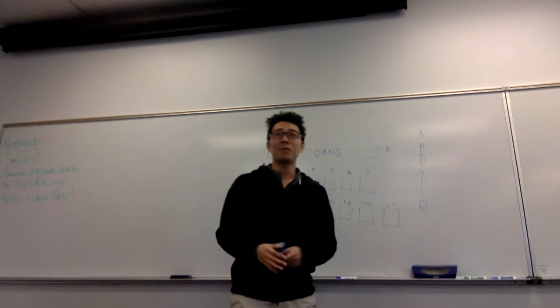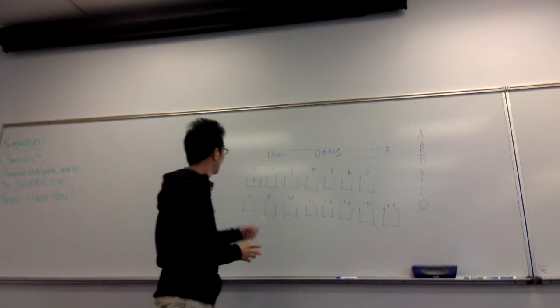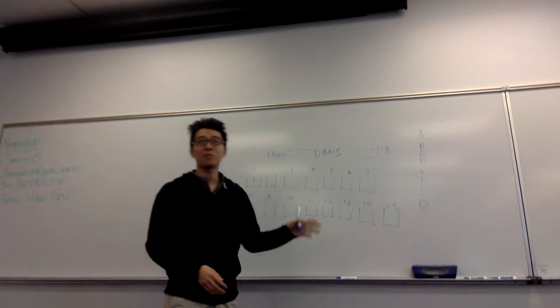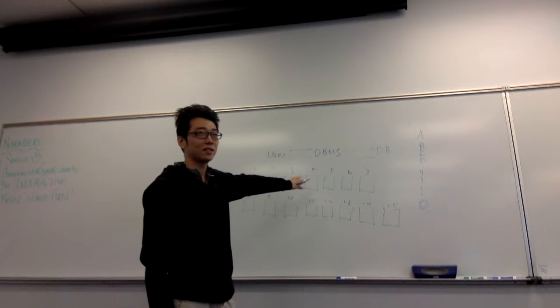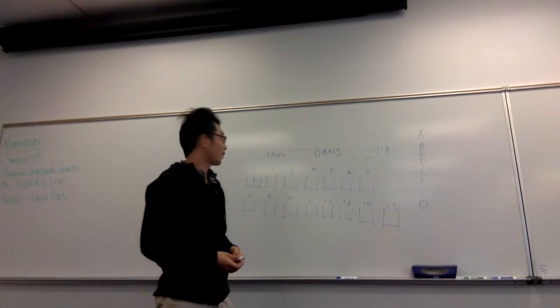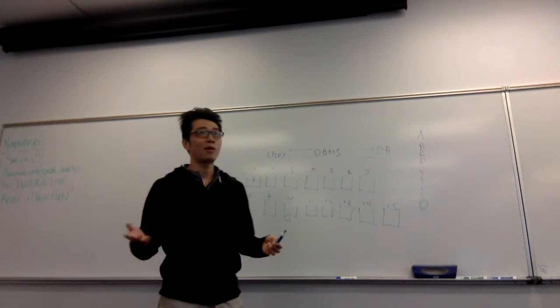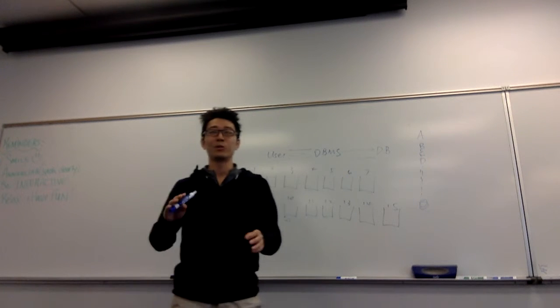The DBMS can find the content of any numbered bucket. So if you want to find the information stored in 10, you just tell it, and the DBMS will give you what is stored in 10.